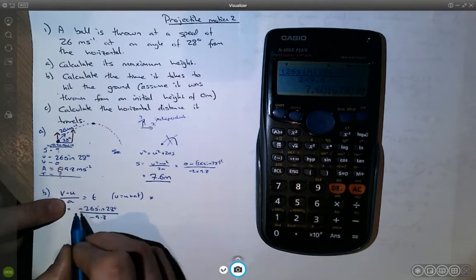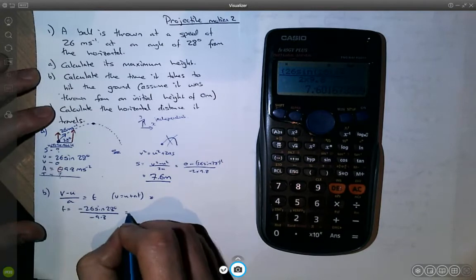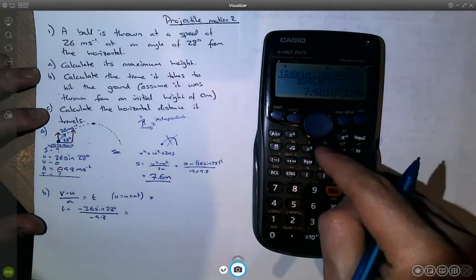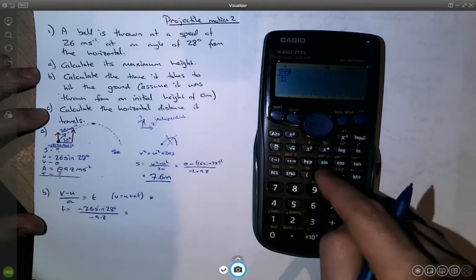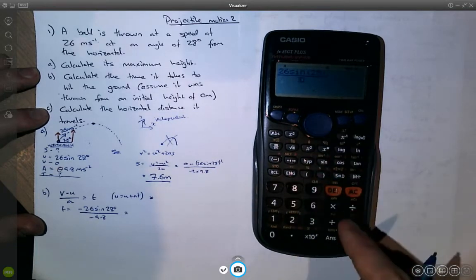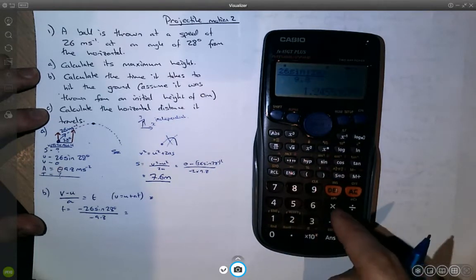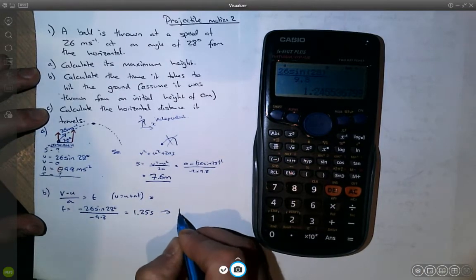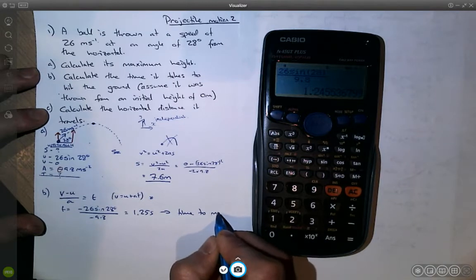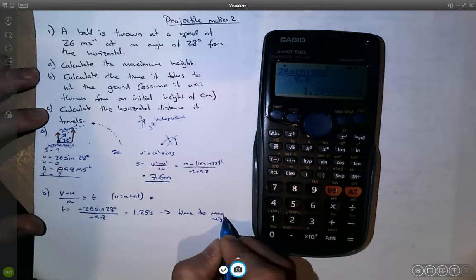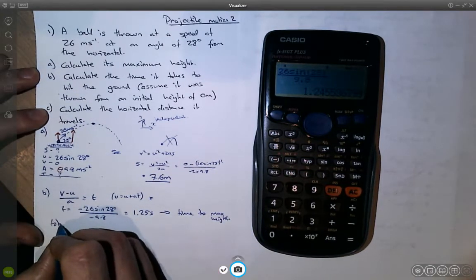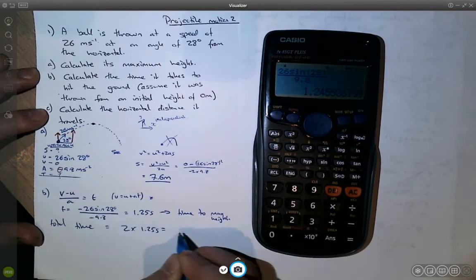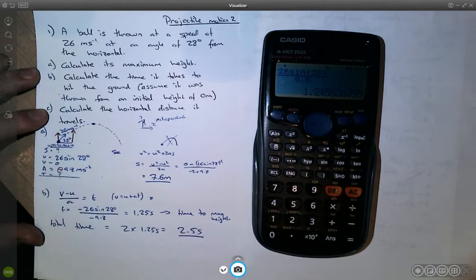Again, you can see that the minus signs cancel out, so I'm not getting a negative answer that wouldn't, strictly speaking, make sense. So 26 sine 28 over 9.8 gives us a time of 1.25 seconds, but this is just the time to max height. So the total time is 2 times 1.25 seconds, which is 2.5 seconds.